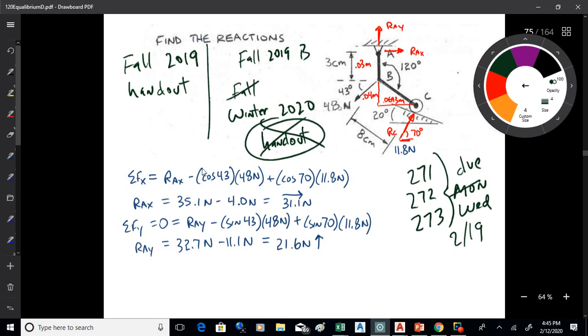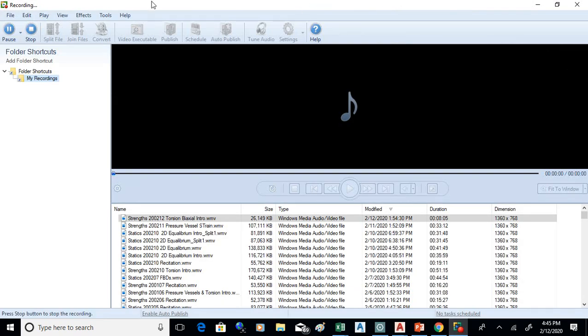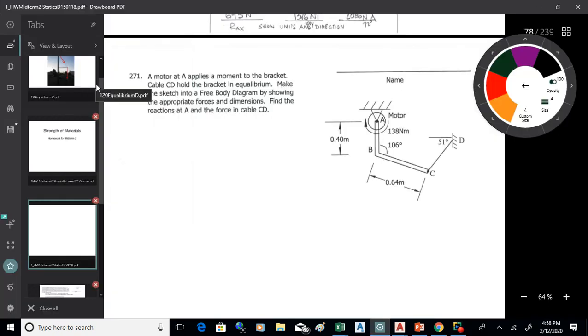And look at your book to determine which one you have. All right, and again, for those of you online, just to check to make sure you got the right problems, 271 ought to look like that.